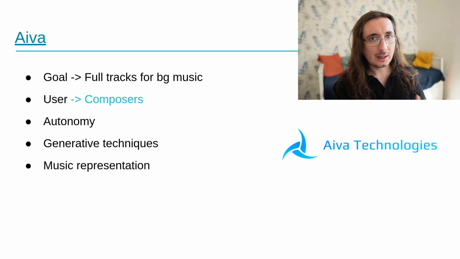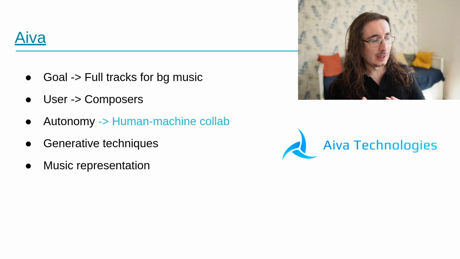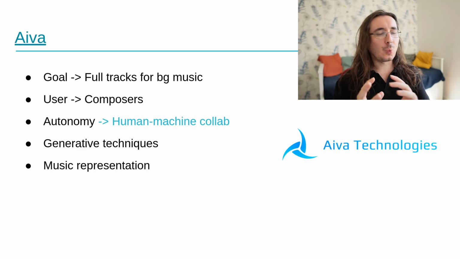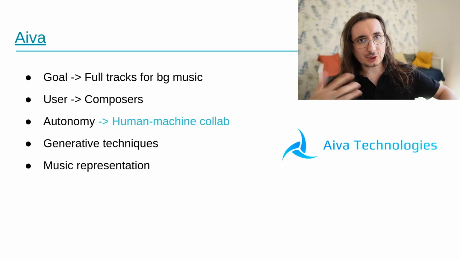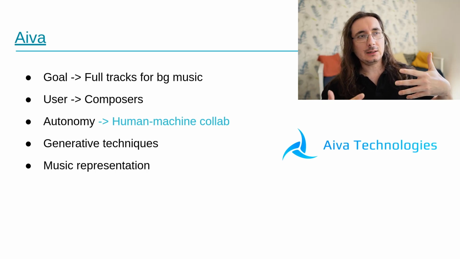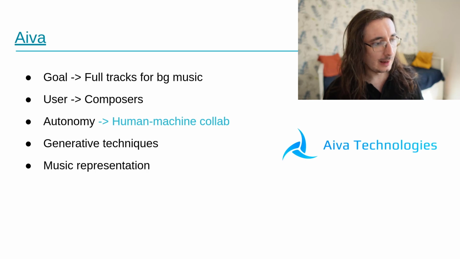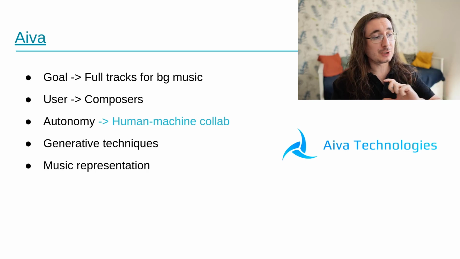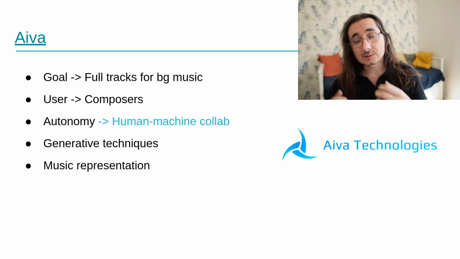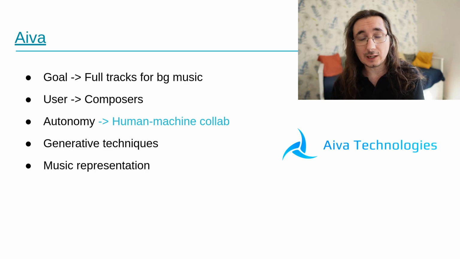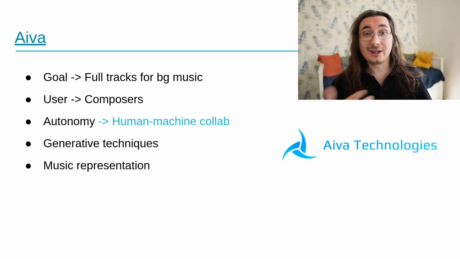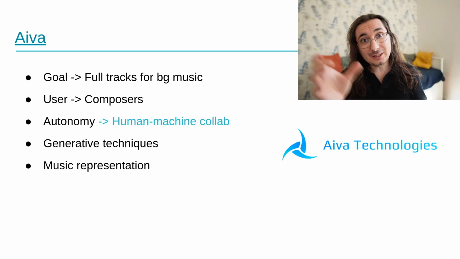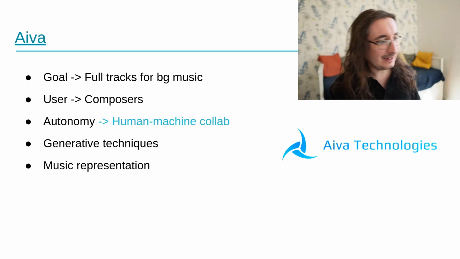And the reason why that's the case is because the level of autonomy of Aiva is, I would say, quite shifted towards the left. So, of course, there's a lot of generation that Aiva does in a completely autonomous way, but then there's a level of human-machine collaboration and interaction. So the ideal customer for Aiva is somebody who knows his or her way around music and can manipulate the music generated by Aiva.